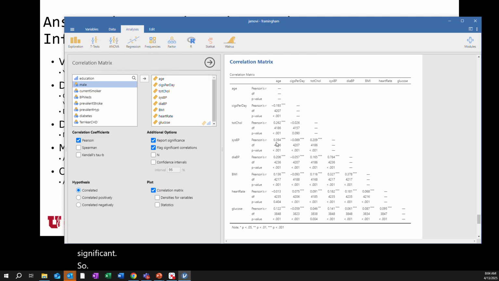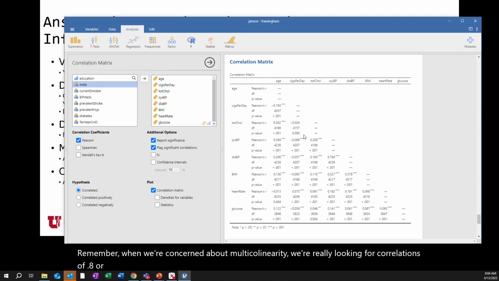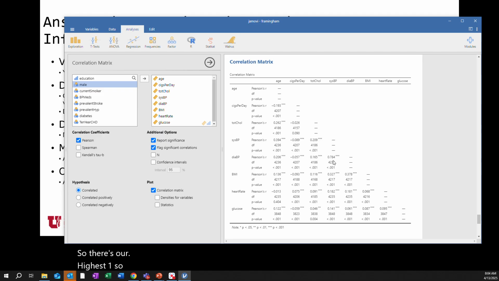Remember, when we're concerned about multicollinearity, we're really looking for correlations of 0.8 or above. And just skimming through this table here, I am not seeing any correlations. So there's our highest one so far: systolic blood pressure, diastolic blood pressure, 0.784.